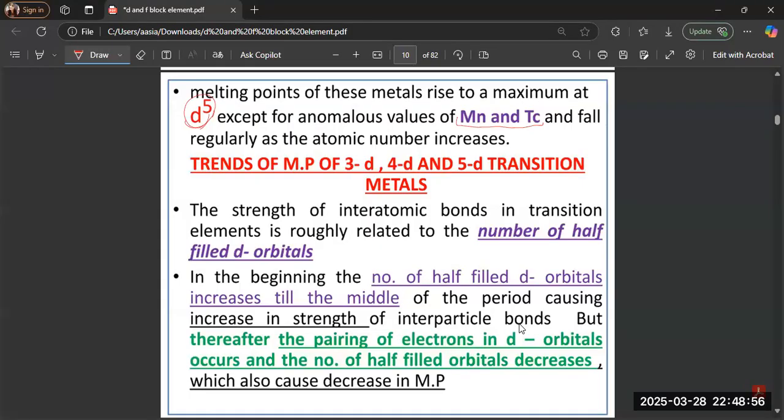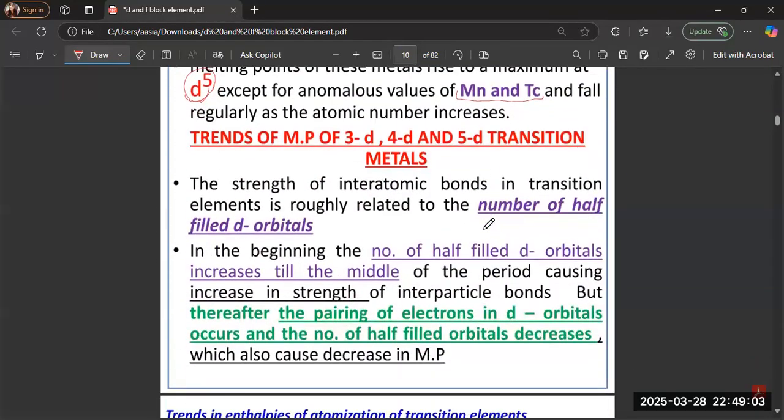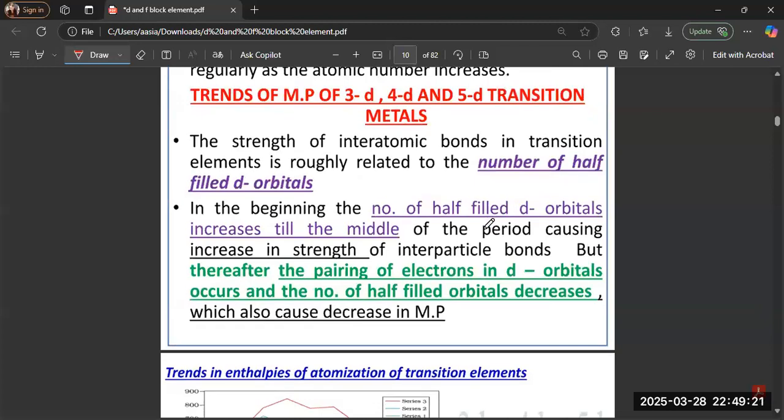So now the trends of melting point of 3d, 4d, and 5d transition metals we have seen, right? The strength of interatomic bonds in transition elements is roughly related to the number of half-filled d orbitals. The number of half-filled d orbitals increases till the middle of the period, which causes an increase in strength of interparticle bonds.